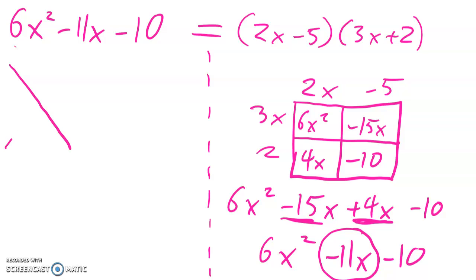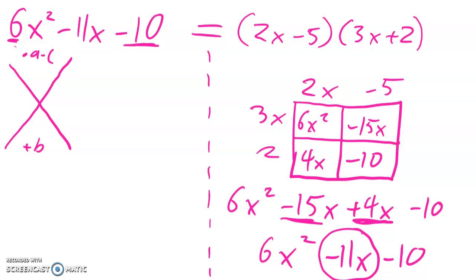Now, the typical way to do this, I use this big ol' X again, and this is just a way to help me organize my guess and check, essentially, for figuring out what two numbers those are. In this case, I have to look at what is a, what is c.